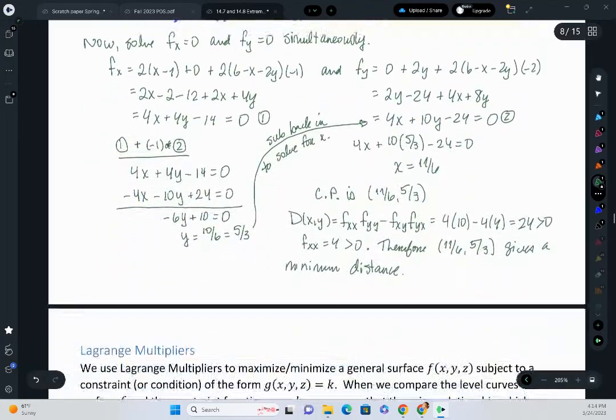So the shortest distance is little d, which is the square root of, in parentheses, 11 over 6 minus 1 all squared, plus 5 over 3 all squared, plus 6 minus 11 over 6 minus 2 times 5/3 all squared.